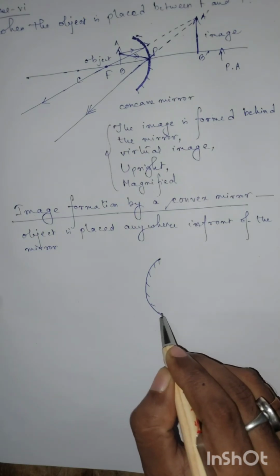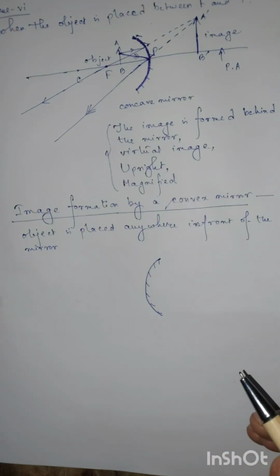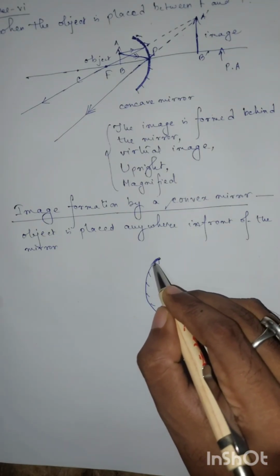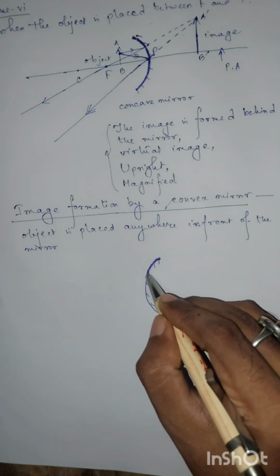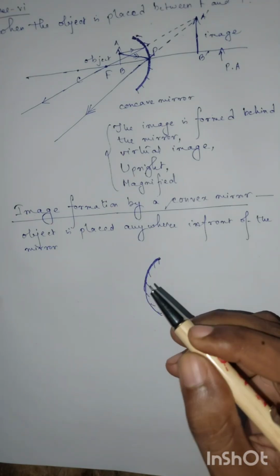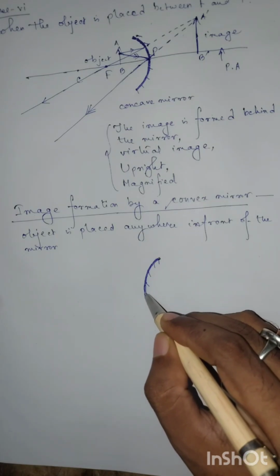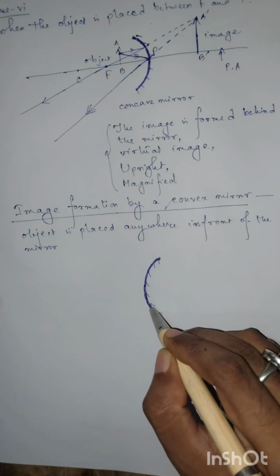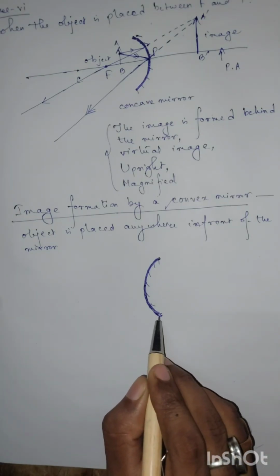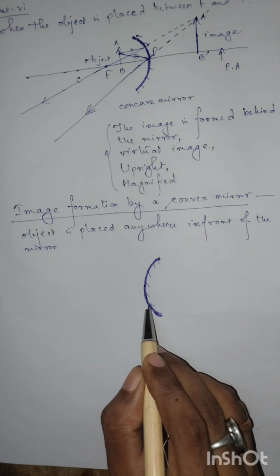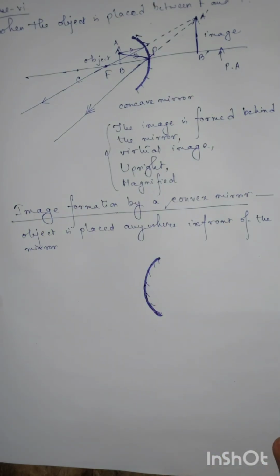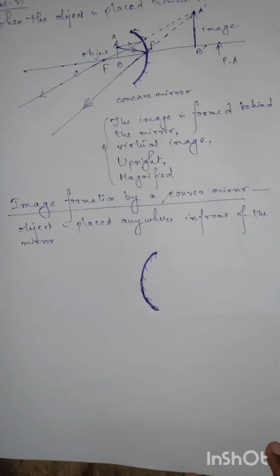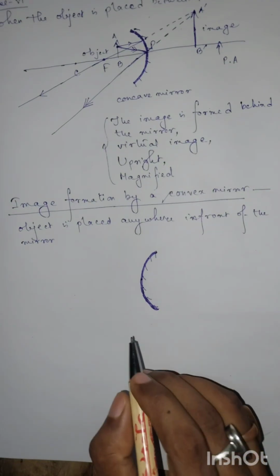So this is our silvered surface, and this is the reflecting surface. This is our convex mirror.